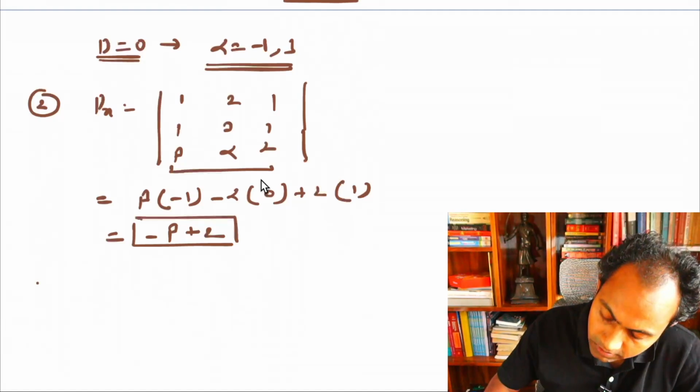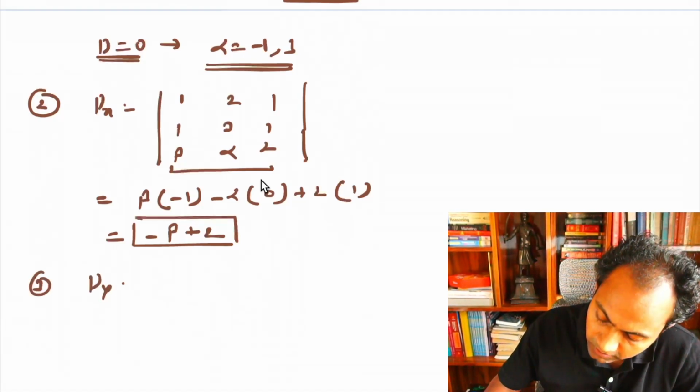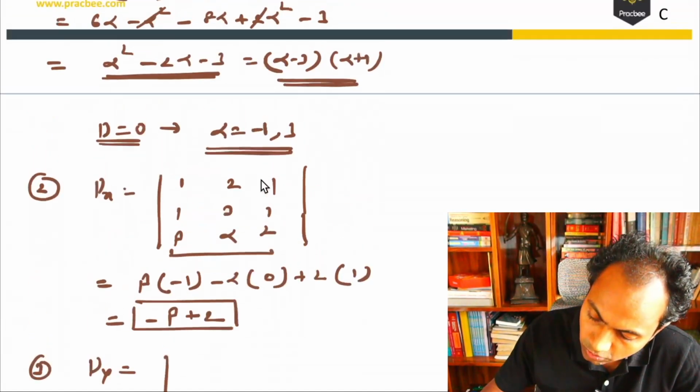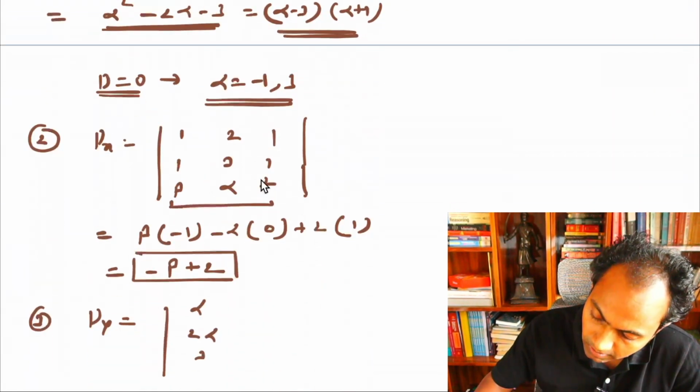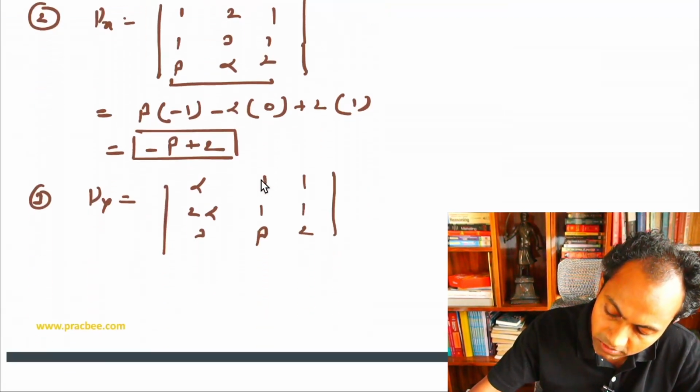And now the third thing would be nothing but the value of dy. This is going to become nothing but alpha 2 alpha 3 and 1 1 beta and ultimately 1 1 2. Let us also figure out this value.